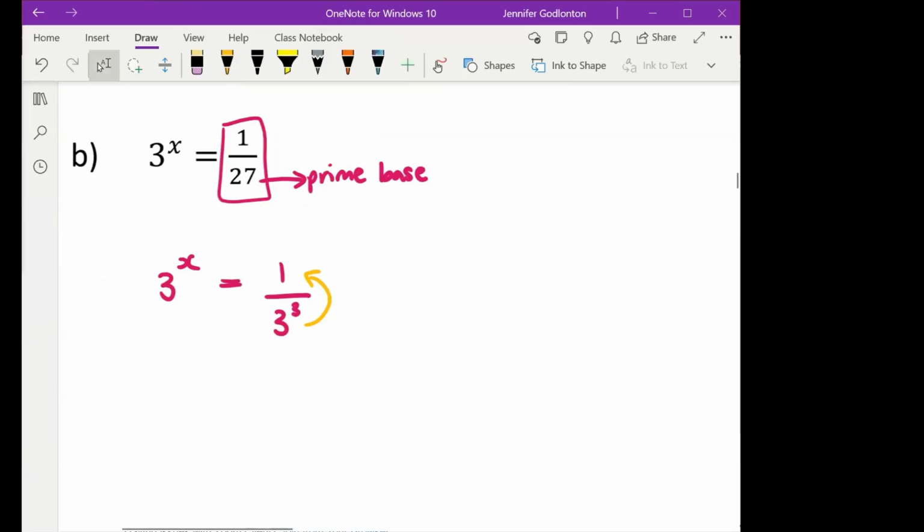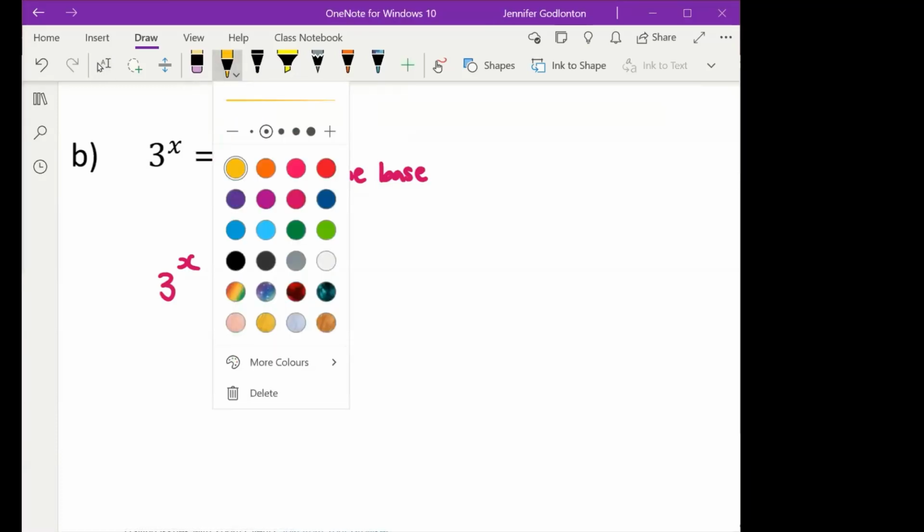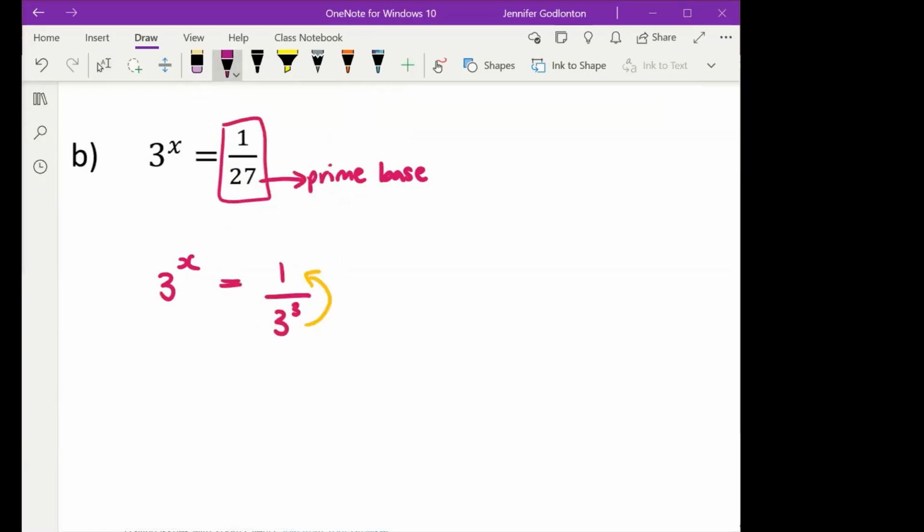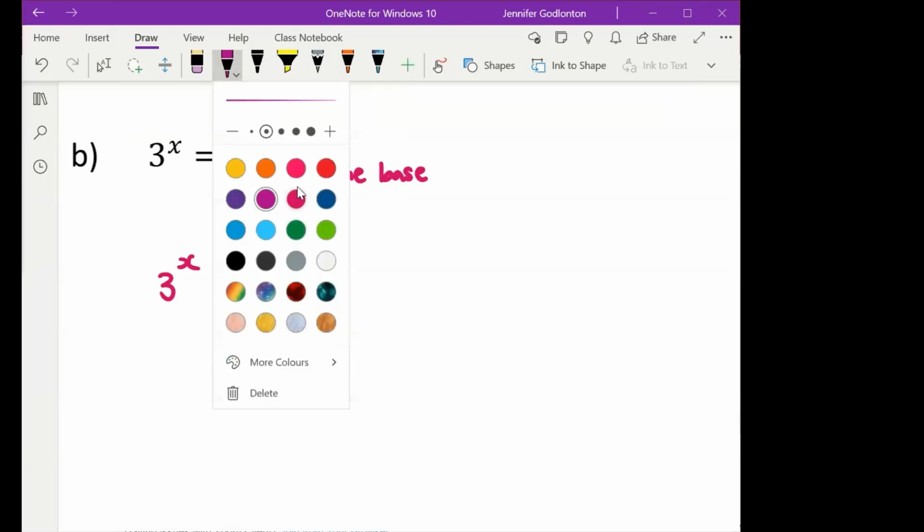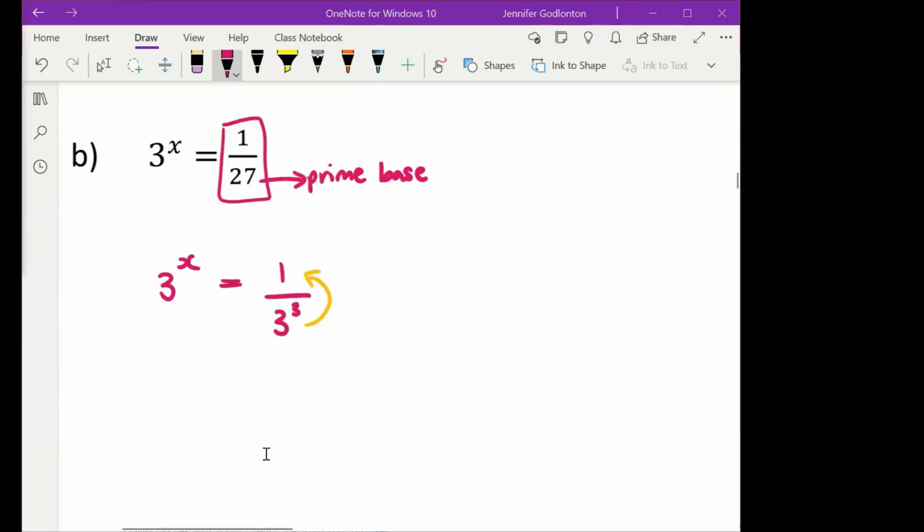And when things move, their exponents change. So if they were positive, they become negative. And if they were negative, they become positive. Exactly, Lee Kaylin, exactly. So when it moves, it's going to become a negative. So that's going to become 3 to the negative 3.